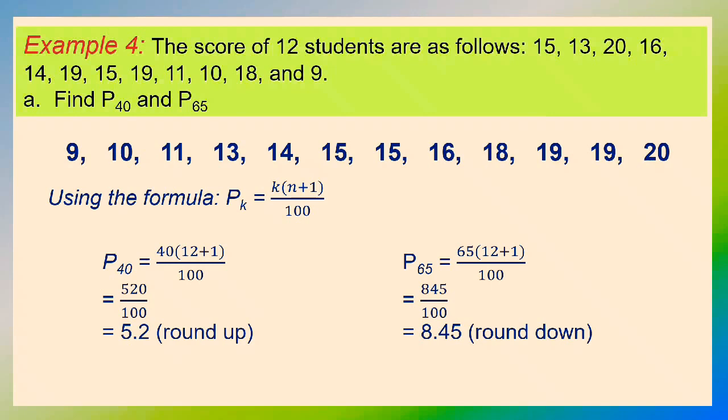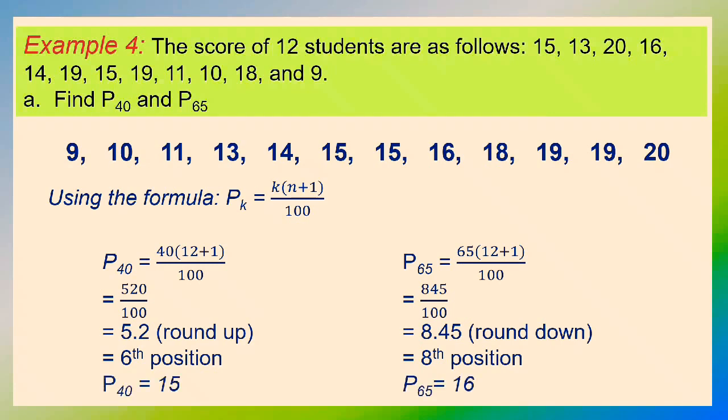As we all know, that's below 50% of the distribution, so we are going to round up. By rounding up, we directly get the 6th position in our set of data, and that is equal to 15. So therefore, class, the 40th percentile in the set of data is equal to 15.